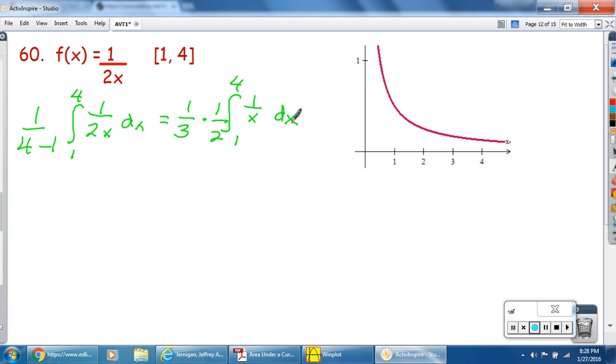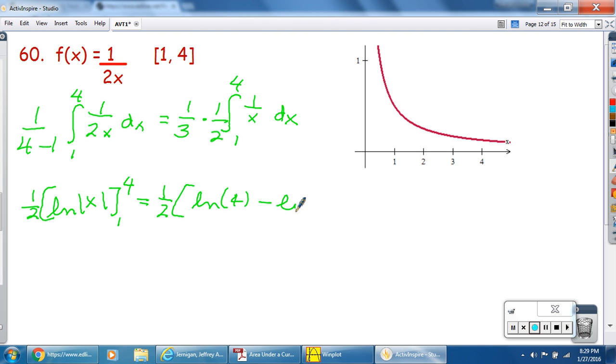Remember that the antiderivative of 1 over x is ln, so we have 1/2 ln absolute value of x from 1 to 4, so that's 1/2 of upper bound ln of 4 minus ln of 1.